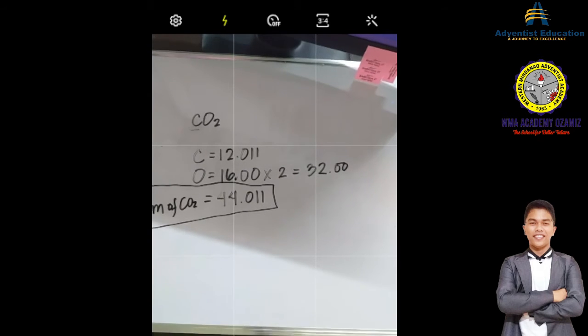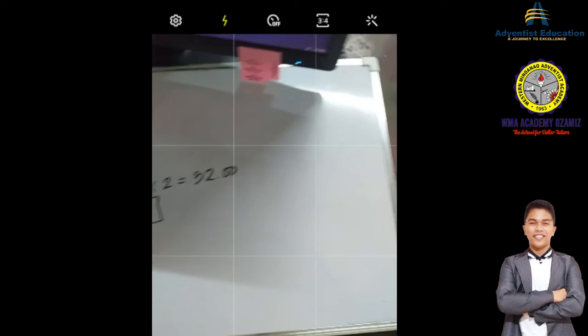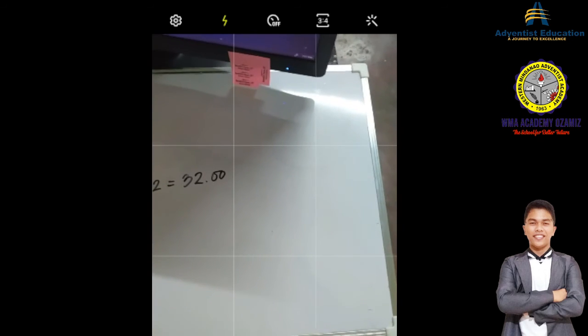So what is the formula? For a while I will move my camera here.